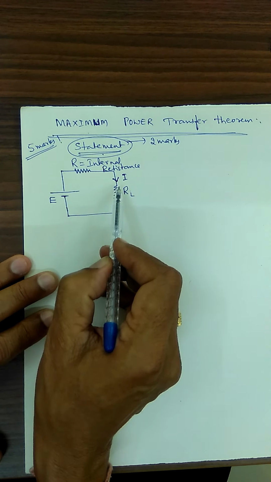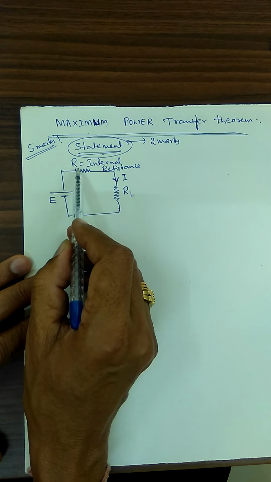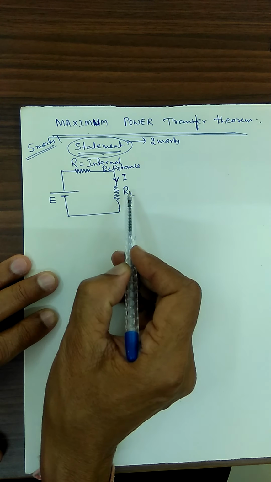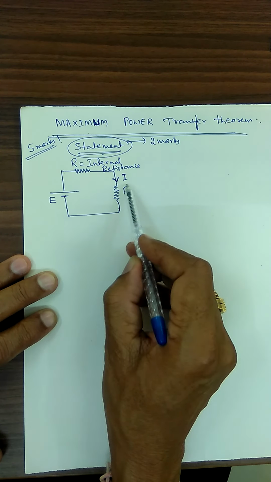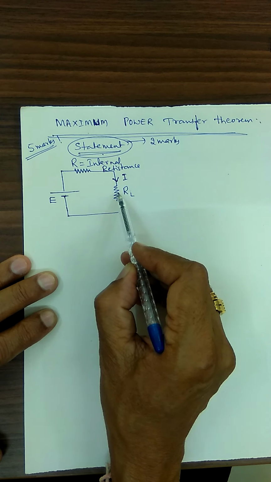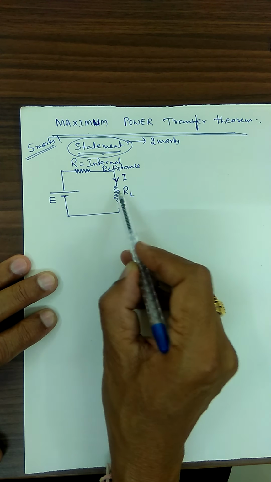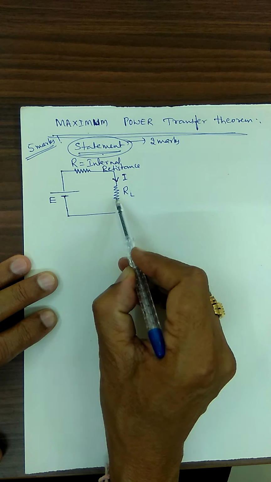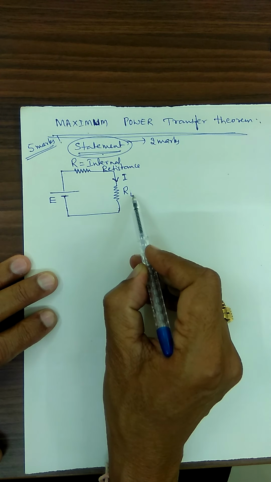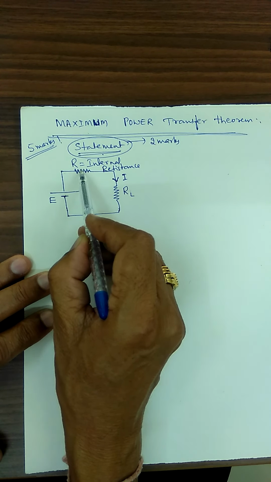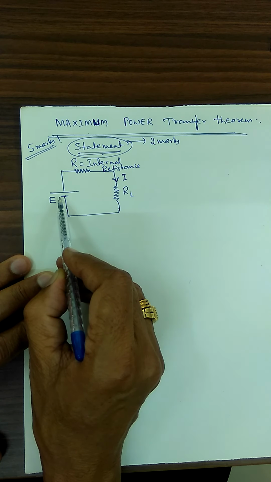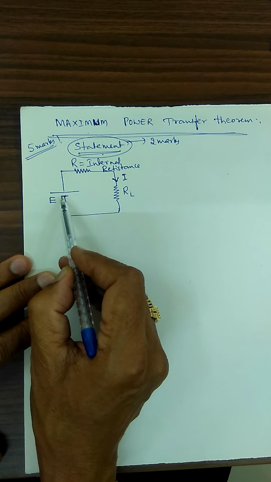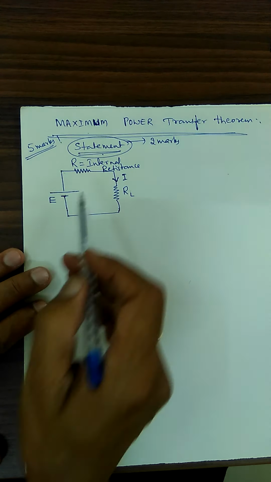When R is equal to RL, then across RL we are going to get the maximum power, where R is the internal resistance of the source or battery.